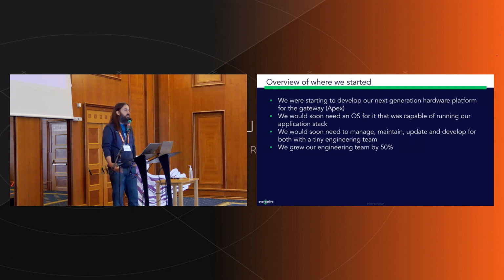So we would need an OS for it. We would need a way to run the application stack that we had on it. And then we would have to, again, manage, maintain, update, and simultaneously develop our growing application stack for both targets. Lucky for us, we grew our engineering team by 50%. We added one person.